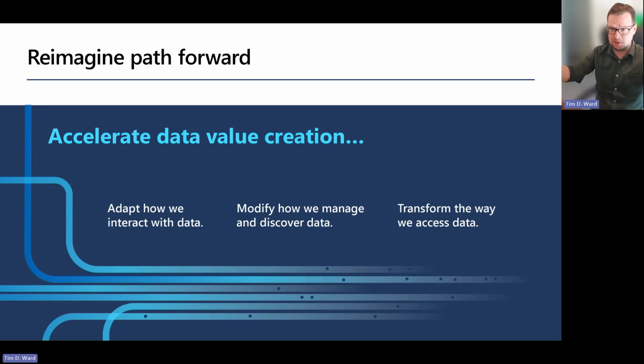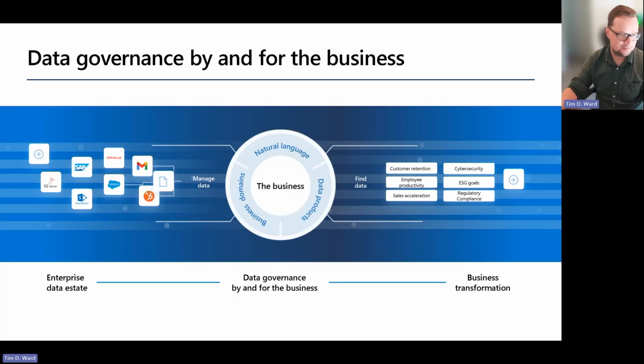We want people to build these exciting, innovative, and ambitious projects, but we want to do it with high quality, high integrity, easily discoverable data as it proliferates throughout the business. So we need to think differently about how we're going to crack some of these foundational and fundamental steps so we can run fast with today's technology and future technology as well.